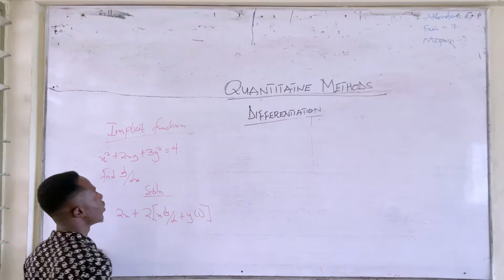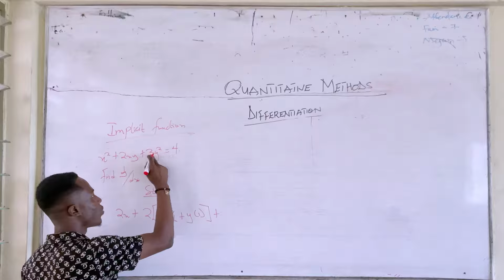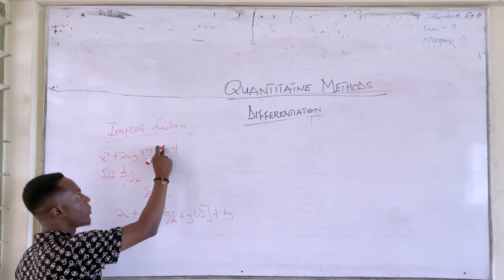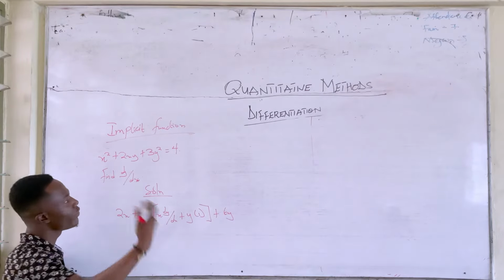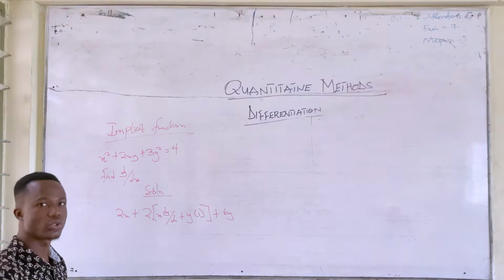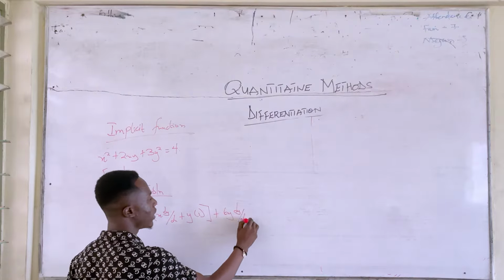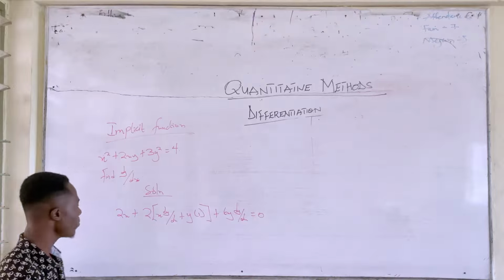Now we continue, plus 3y squared. This one will multiply this to give you 6y. Then you reduce the power by 1, so it is the same 6y. But because we have differentiated y, we have to introduce dy dx. So dy dx equal to, this is a constant term, so 0.